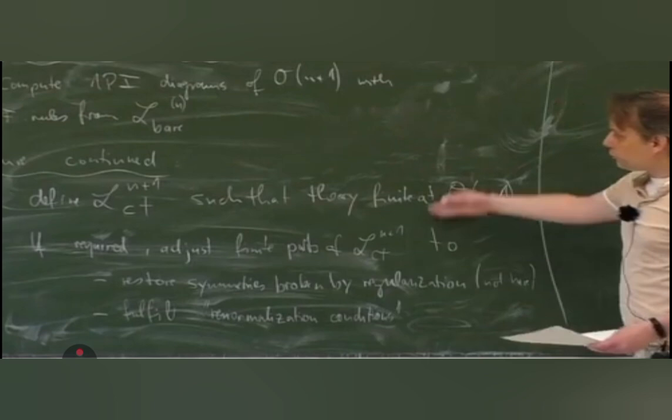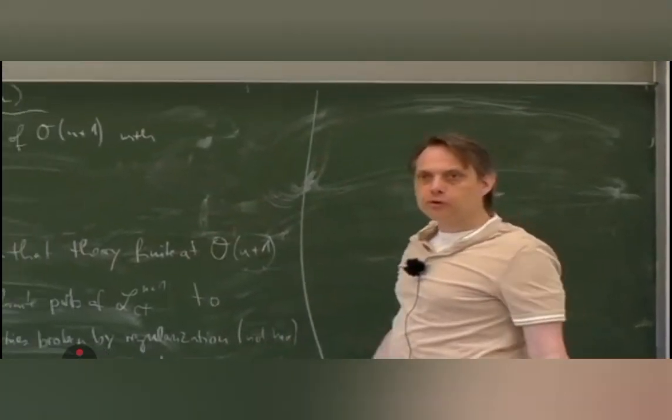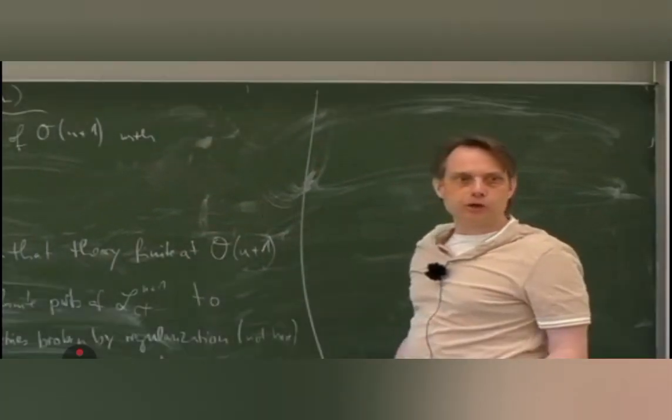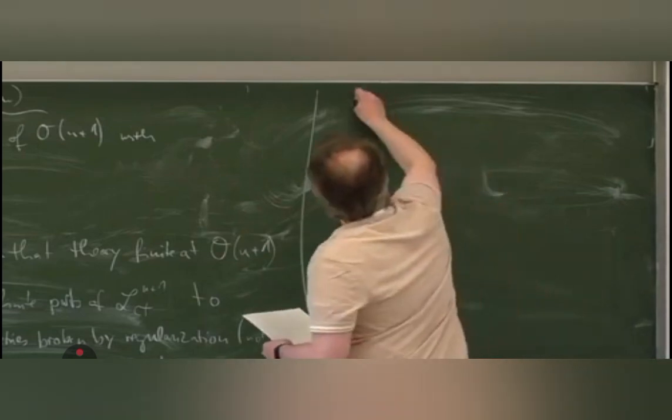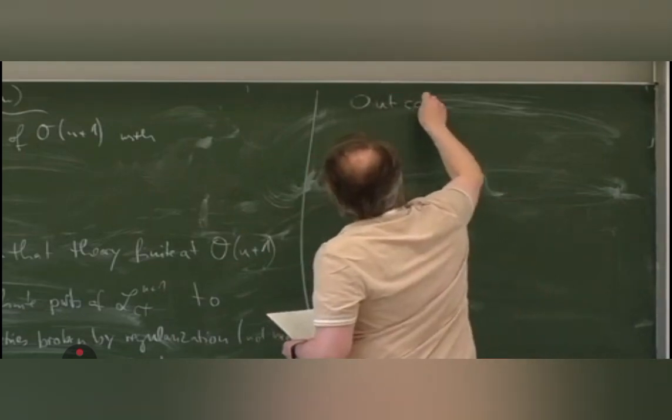After you've done these steps, the theory is renormalized at the n+1 loop level, and you can go on with the iteration. So let's just write down the resulting outcome.